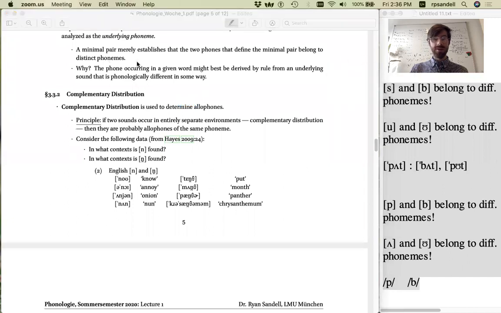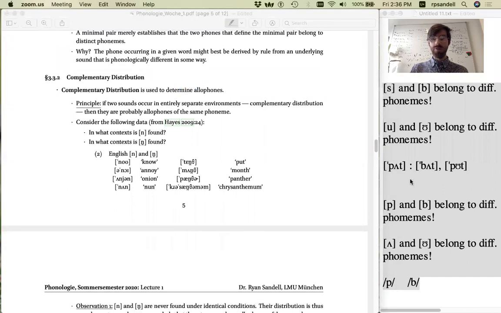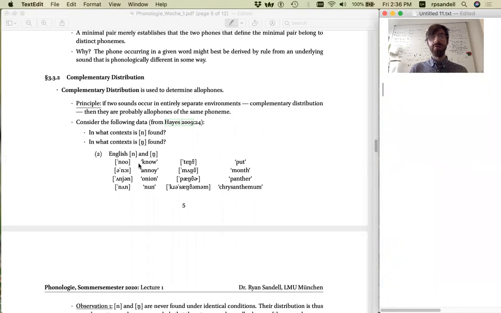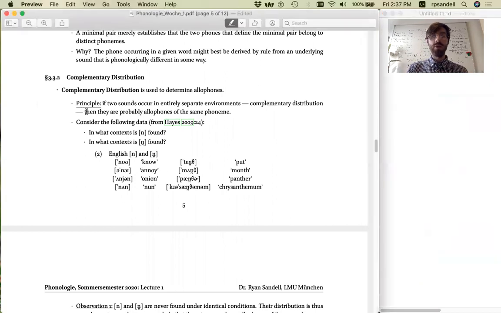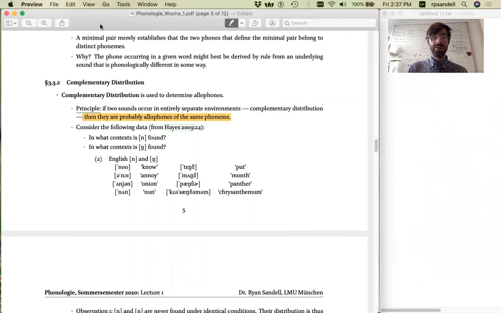Let me clear my writing now, and we can move on to talking about complementary distributions. So complementary distribution as a technique is used to actually determine what the allophones of a phoneme are. And the principle here is that if two sounds occur in entirely separate environments, if they occur in totally different phonological contexts, then we can probably assume that they are indeed allophones of the same phoneme.